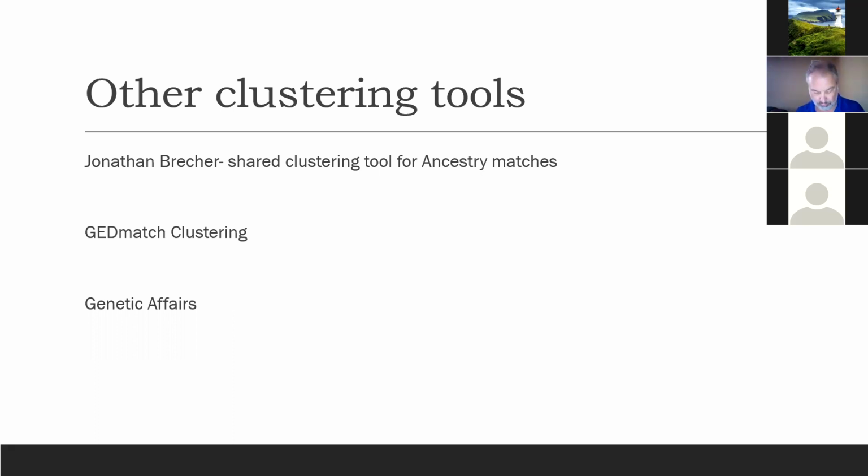So there are other clustering tools, and if you want to write these down or get them off the recording later, I'm going to demo these, but I'll do that after the recording because I can't redact any of the names. Jonathan Brecker has a shared clustering tool for ancestry matches. There are some great benefits because it's ancestry matches, and those of you who have ancestry accounts know that there's no way to do chromosome browsers and some of the other tools with ancestry matches unless you move to a third-party tool.